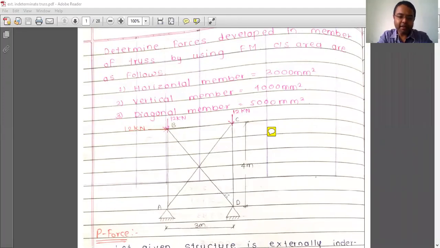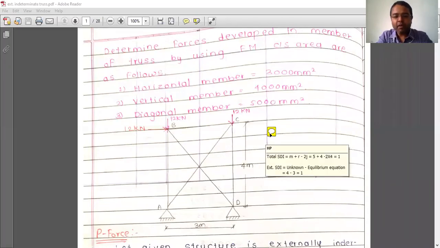So based on the number of joints, the number of members will vary, but ultimately the total SDI of the structure will be the same. So here M is 5, and the number of joints J is 4.